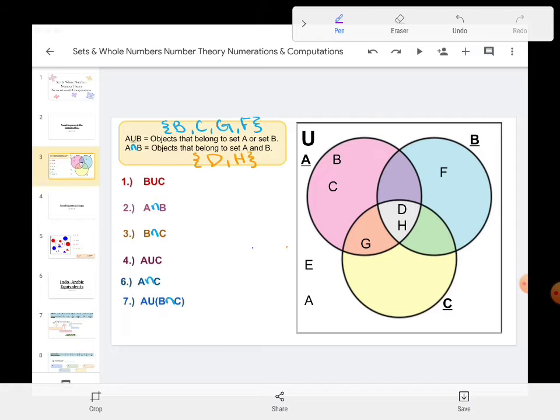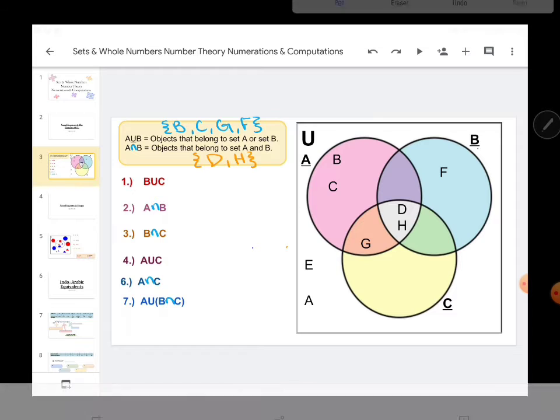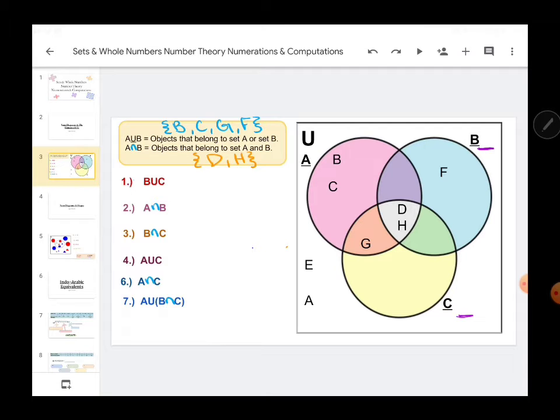We do not want the letters in the shared overlapping section between the two. We want the letters in either B or C. So we'll take a look at B, C. We do not want any of the letters in the shared section again, so D and H will not be a part of our solution.